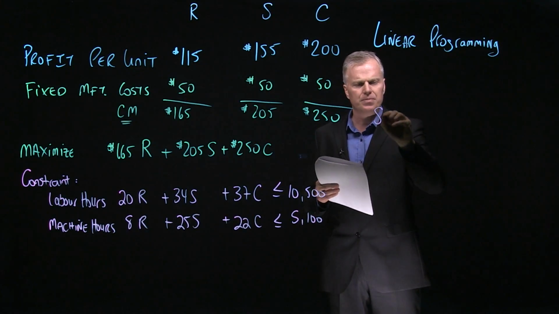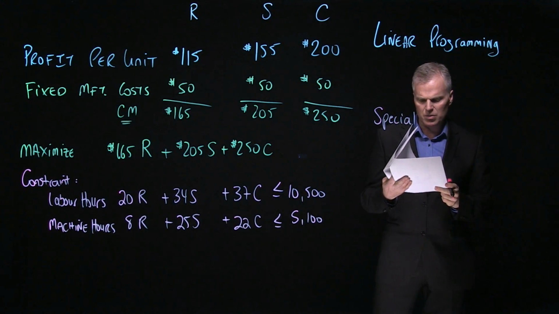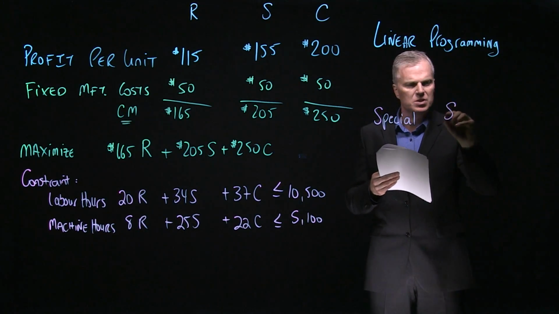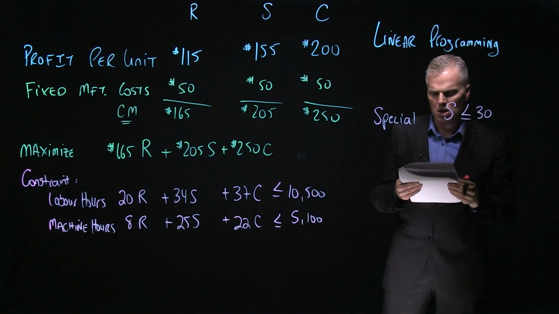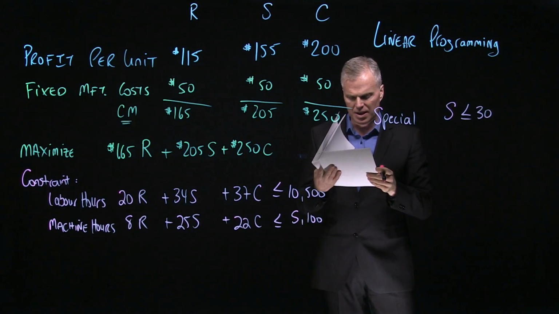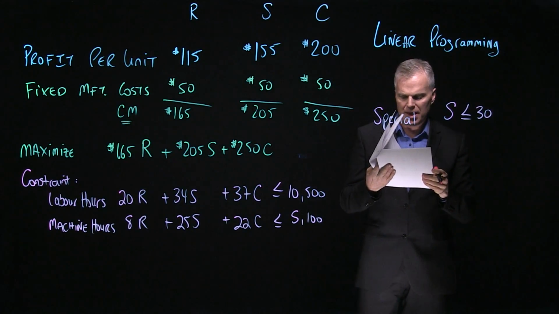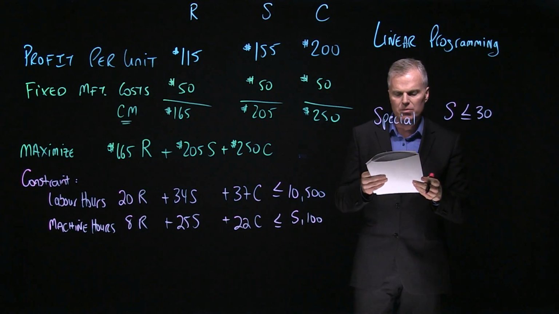In the special, it tells us that we can produce up to 30 units per month. So S less than or equal to 30. For the collector, it tells us that we can produce and have sales of no more than 50% of the regular keyboard sales.